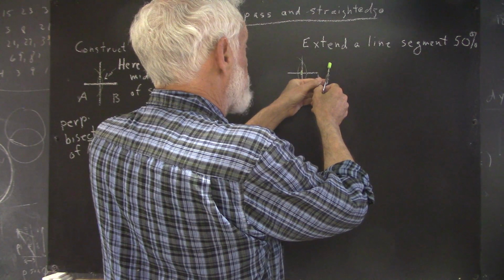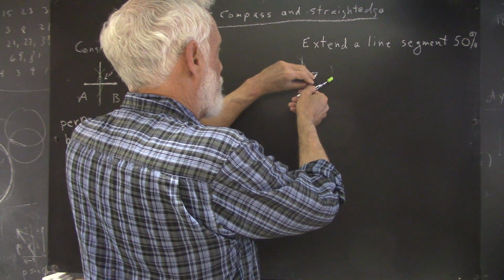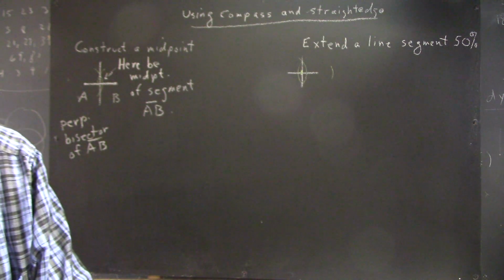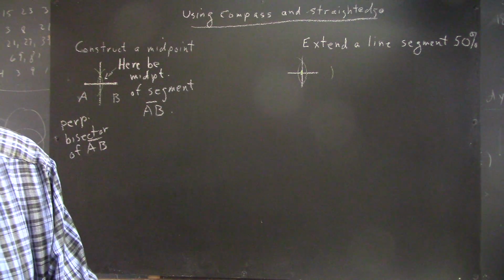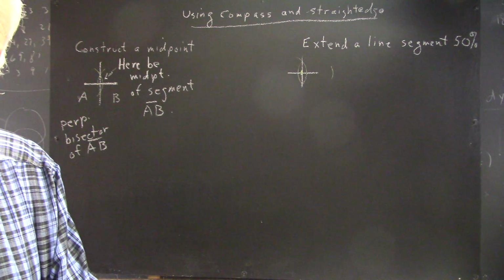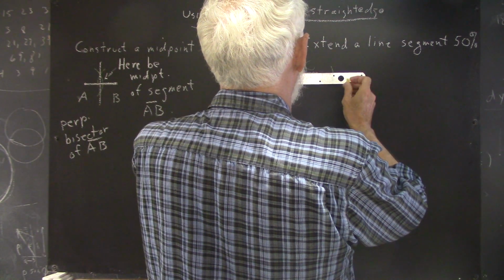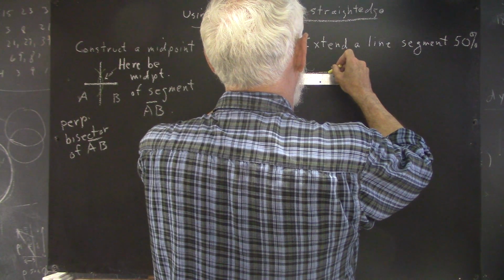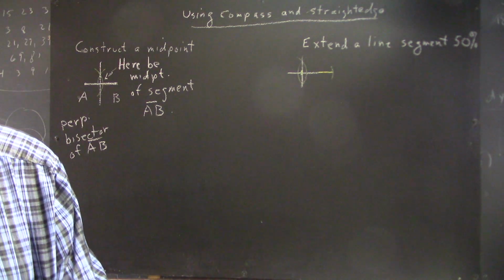Now we go out to this end of the line segment and we mark a point. And now we have a segment that's 50% longer than the original. So here's the original segment.